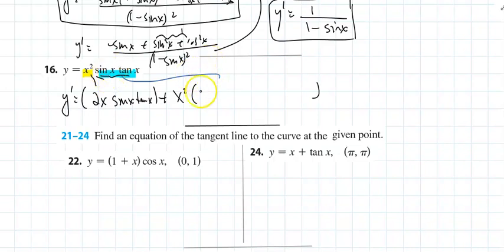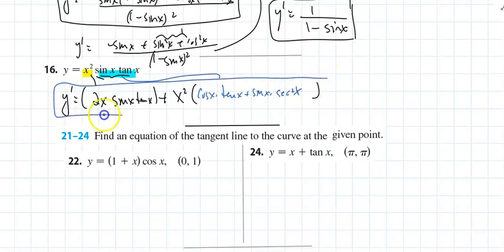Derivative of the first is the cosine of x times the second, plus sine of x times derivative of tangent is secant squared of x. And that's good enough. You could simplify this a bit, you could alter it, you could say tan is sine over cosine, and this becomes x squared sine squared over cosine, whatever makes you happy. All of these will work.